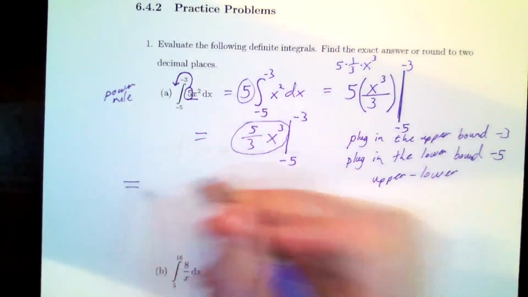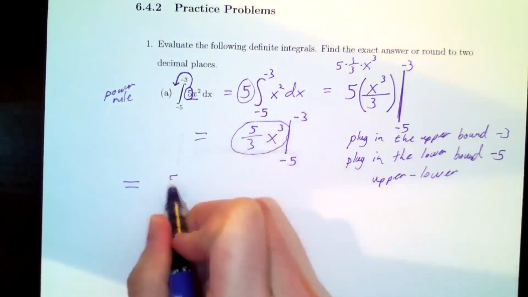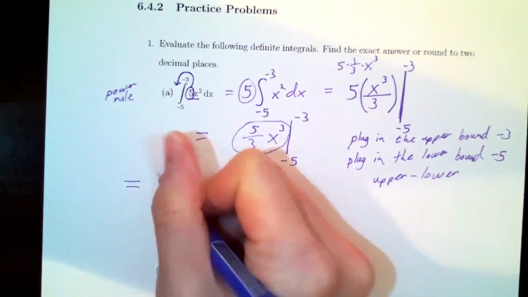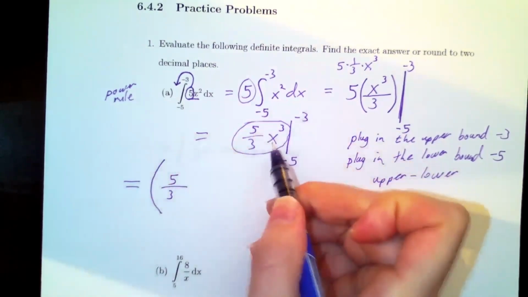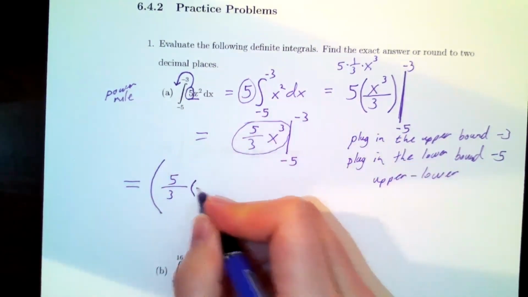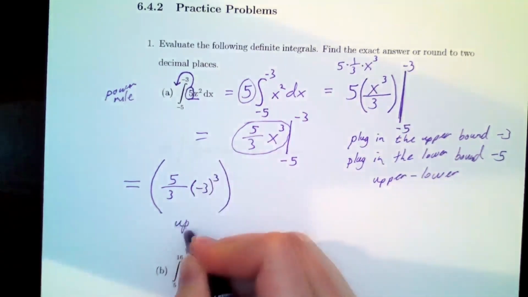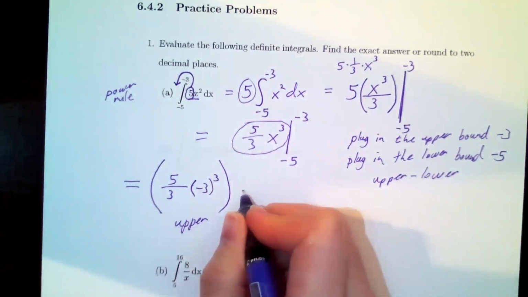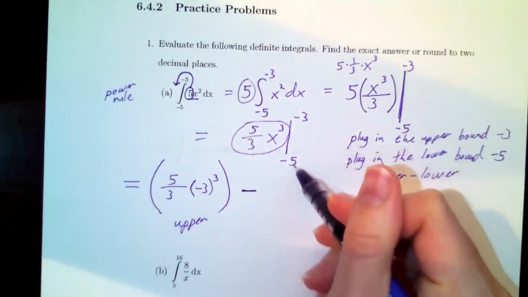So the first thing I'm going to do, I'm going to take minus 3 and plug it into 5/3 x cubed. Now the calculator is definitely going to be our friend today. So I have 5/3 times negative 3 cubed. So this is me plugging in the upper number. And now I have to subtract, and this is part of the formula, subtract what you get when you plug in the lower number.